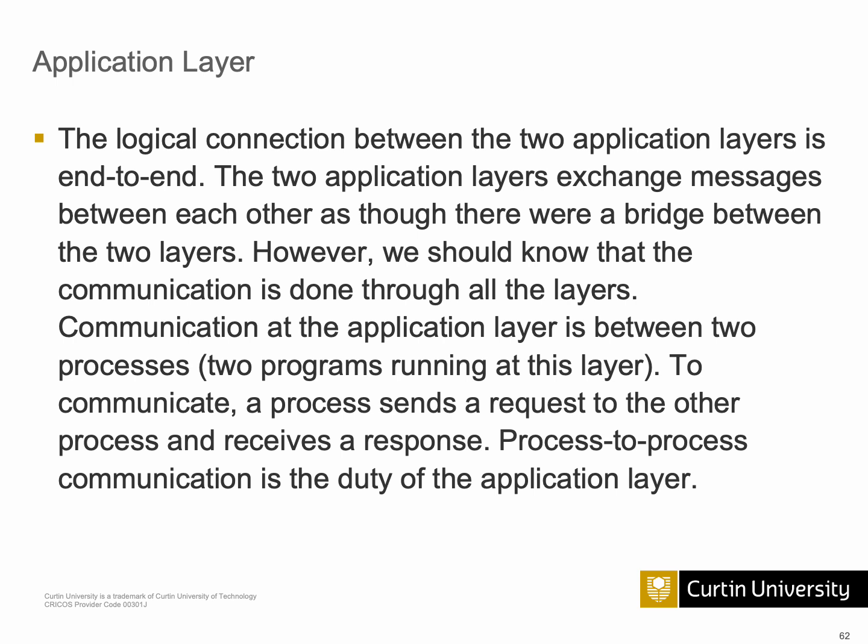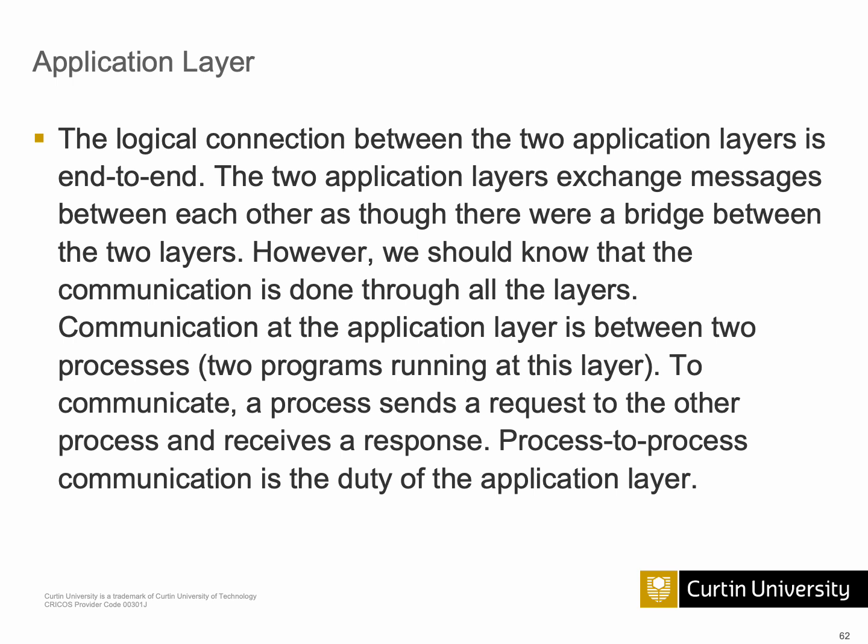The final one is the application layer. This is again a logical connection between the two application layers, and it is end-to-end. So the two application layers exchange messages between each other, thinking there's a connection between the two layers.